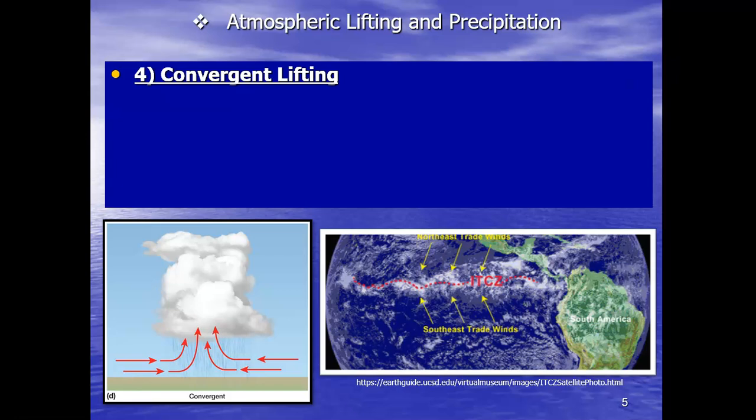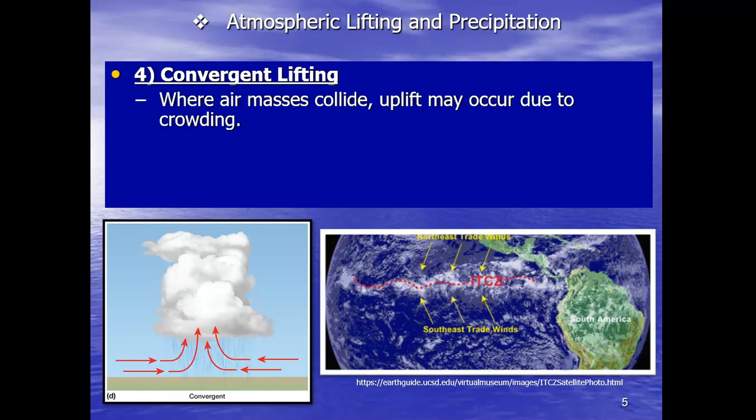Finally, we have our convergent lifting as our fourth lifting mechanism. And what's happening here is air masses may collide, and the uplift is because there's just not enough room and there's crowding between similar air masses. And as you see here, air mass coming from this direction, air mass coming from this direction, and the crowding just forces them to rise.